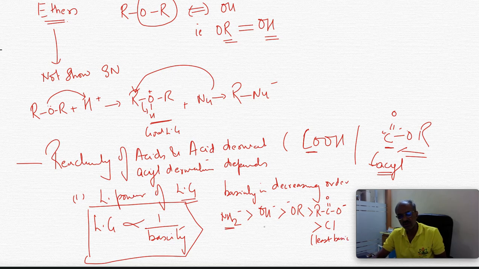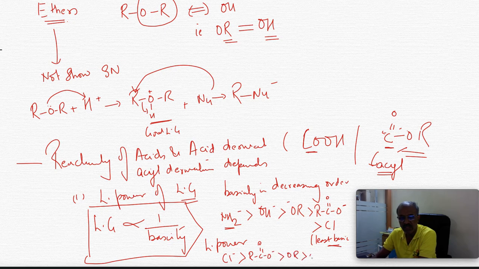If it is least basic, the leaving power will accordingly be the best. So the leaving power will be the opposite: Cl minus will be more than RCOO minus, more than OR, more than OH, more than NH2.